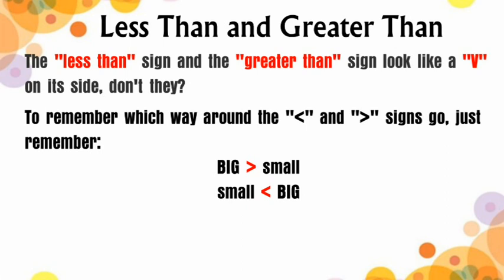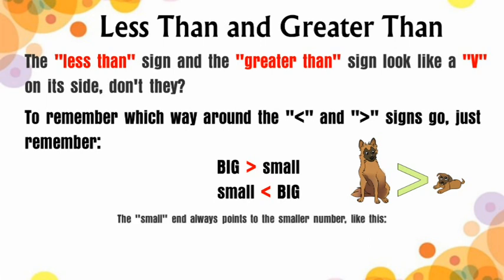In the opposite, when you find the small number, it's always at the edge of the less than, like this. The small end always points to the smaller number, like this.